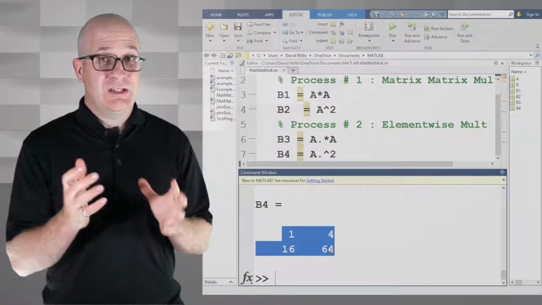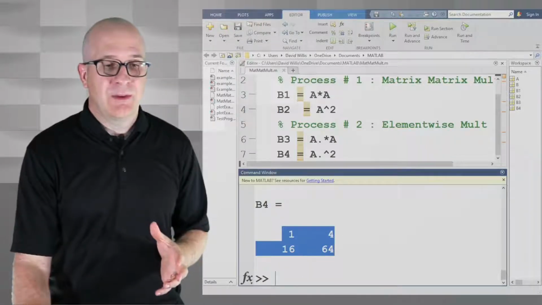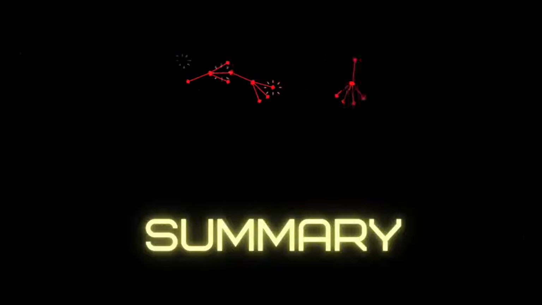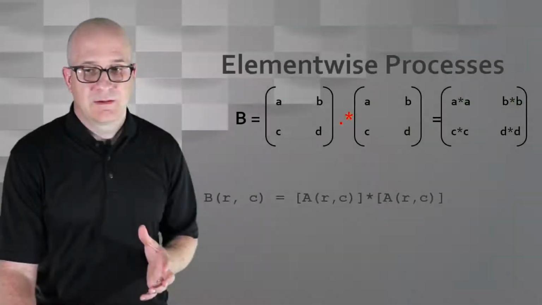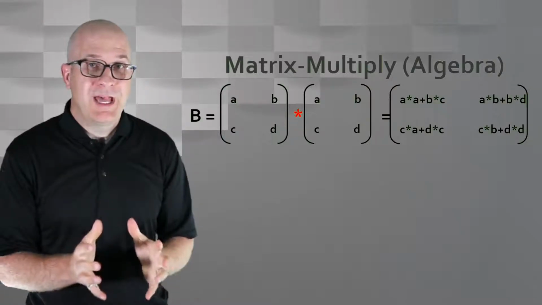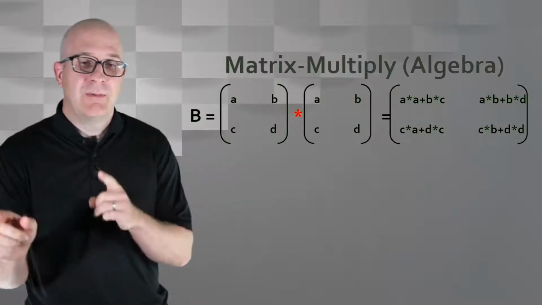So just to recap, a quick summary. We had a matrix-matrix multiply, which involved these dot products.